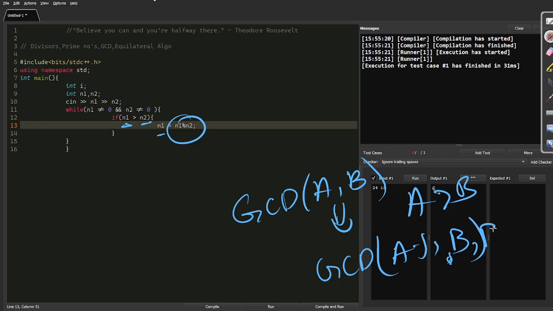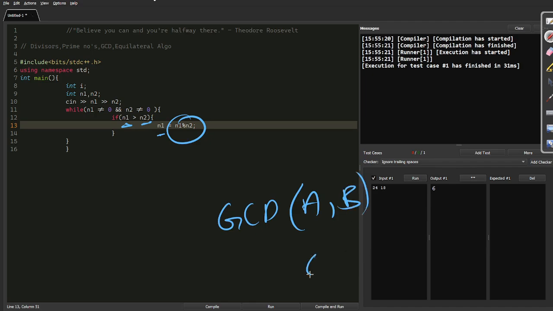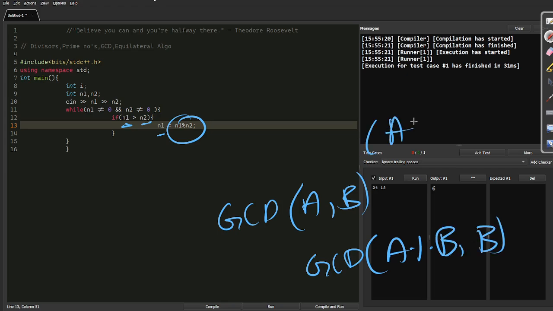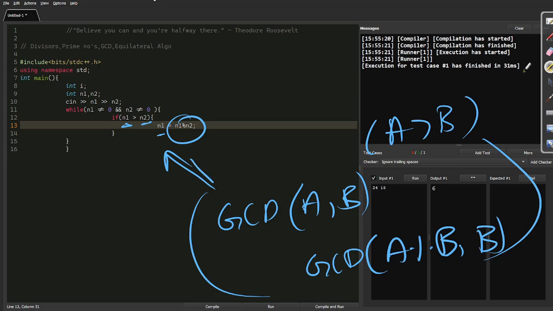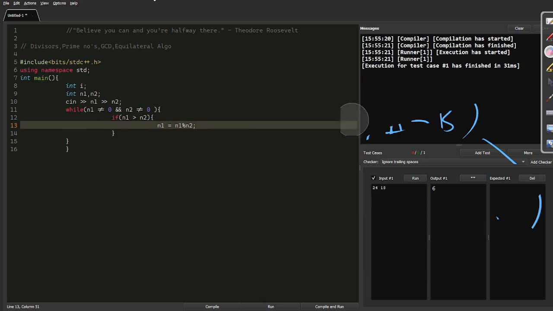I keep on doing this again and again, and this is the format that I'm following: GCD of a mod b comma b. This is for a greater than b. This is what I've represented here in code. That's it. Nothing more.